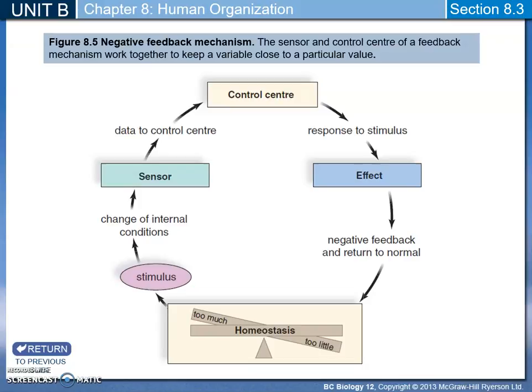So in this case, if you have too much of something, that raises a stimulus with a change of internal conditions, which is then detected by a sensor, and then that data is sent to a control center, which then creates a response to that particular stimulus, creating the effect of bringing conditions back to ideal or to normal.